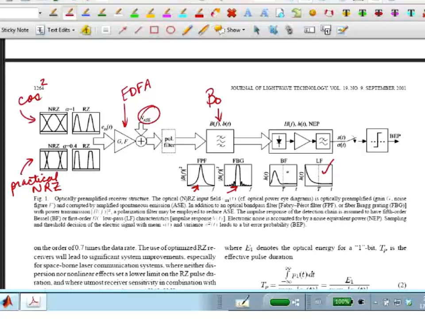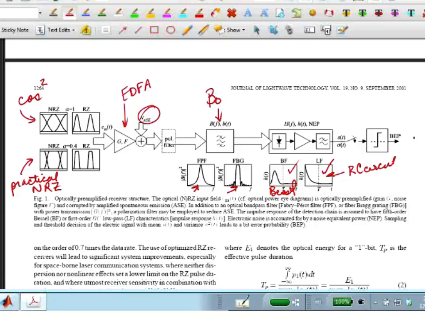And they use two kinds of low-pass filters. One is an RC circuit, a simple low-pass filter, and the other one is a Bessel. And they put it through a threshold detector and count errors.